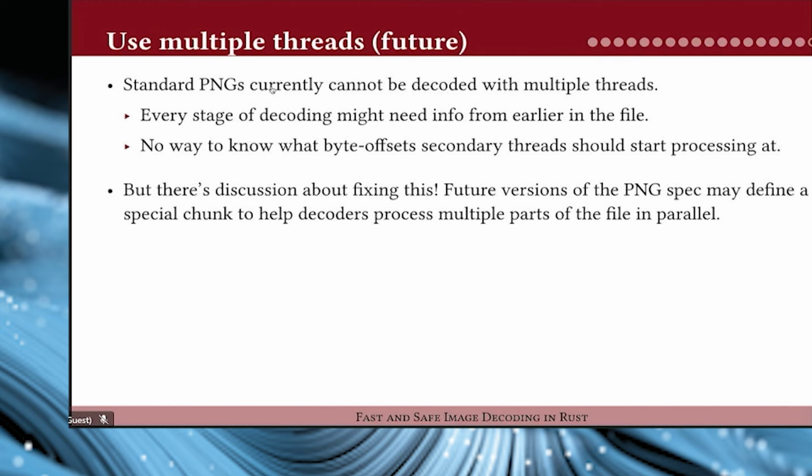And there's been ongoing discussion about embedding more metadata in the file, describing different points that a multi-threaded decoder could jump to, which would enable each thread to decode in parallel. So this is something to look out for. Hopefully we'll see that in the future.